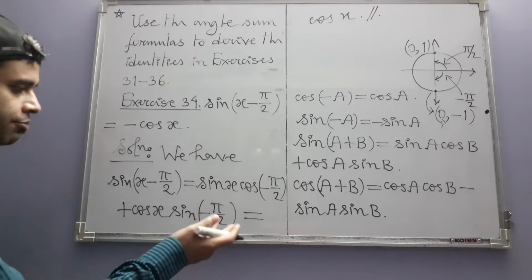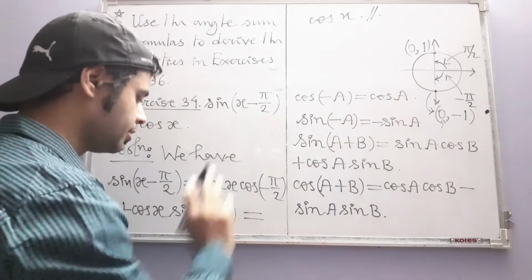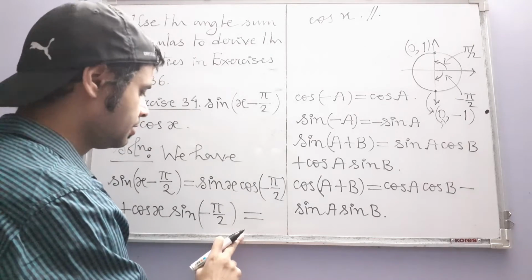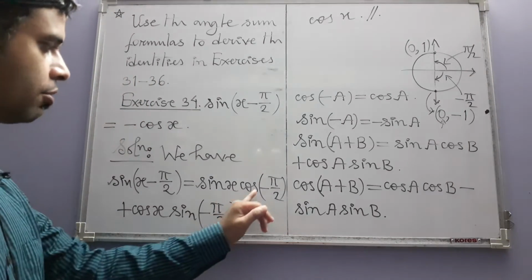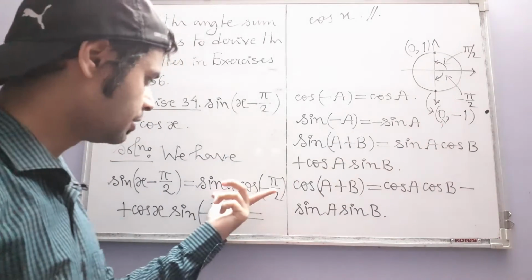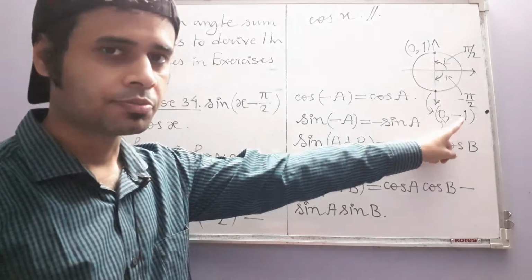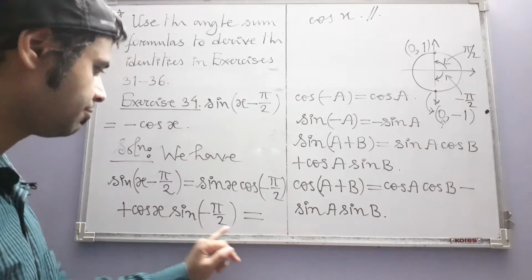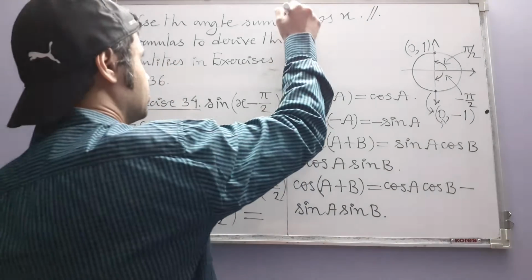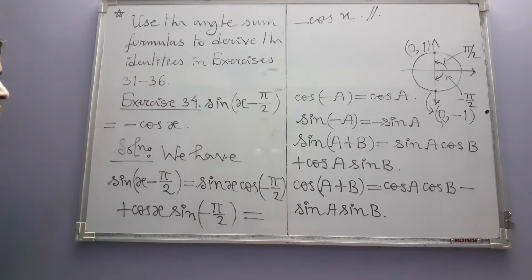And we can, in fact, if we just simply use the definition, then from the definition itself we can see that cos minus pi over 2 is this 0. So this term would not be there. Sine minus pi over 2 is minus 1. So here we will have minus cos x. Minus cos x.